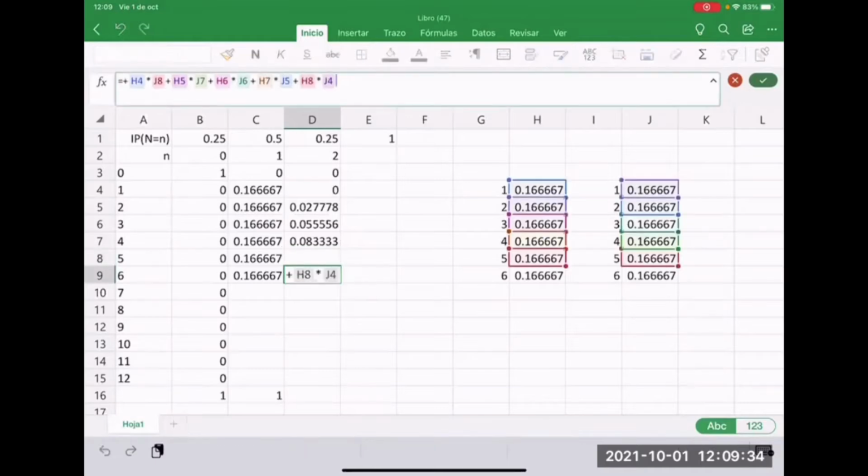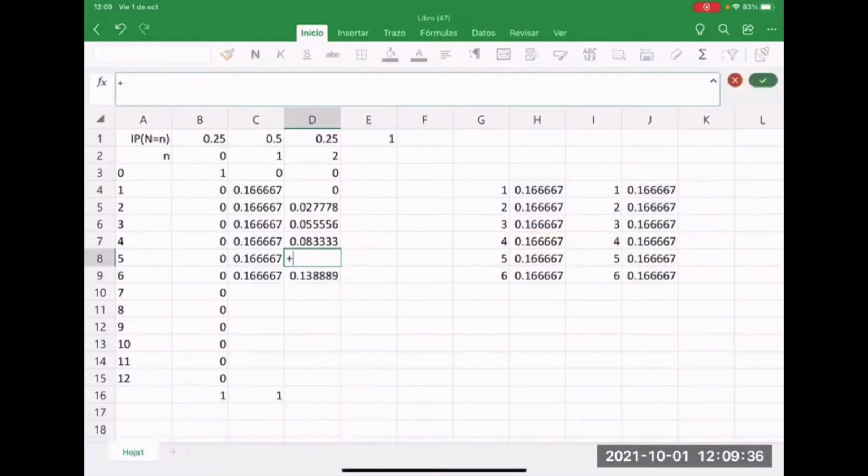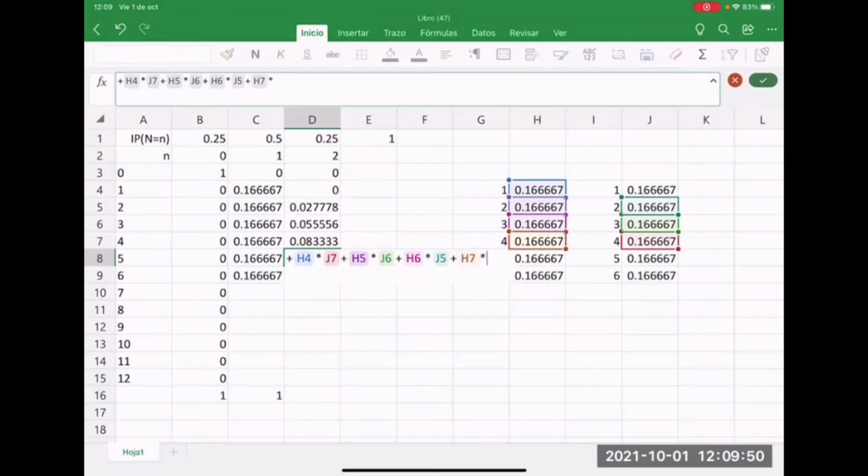And to get the 5, that's easier because we need 1 and 4, or 2 and 3, or 3 and 2, or 4 and 1. That's it.